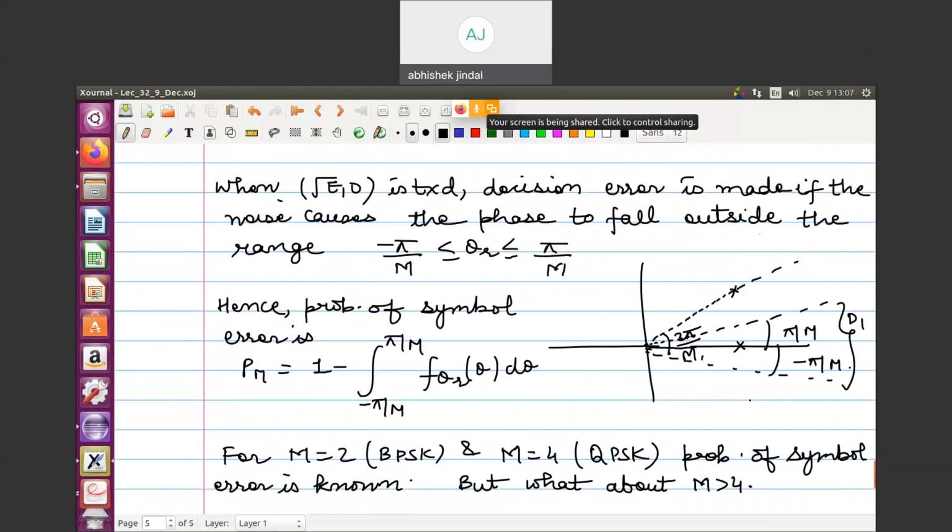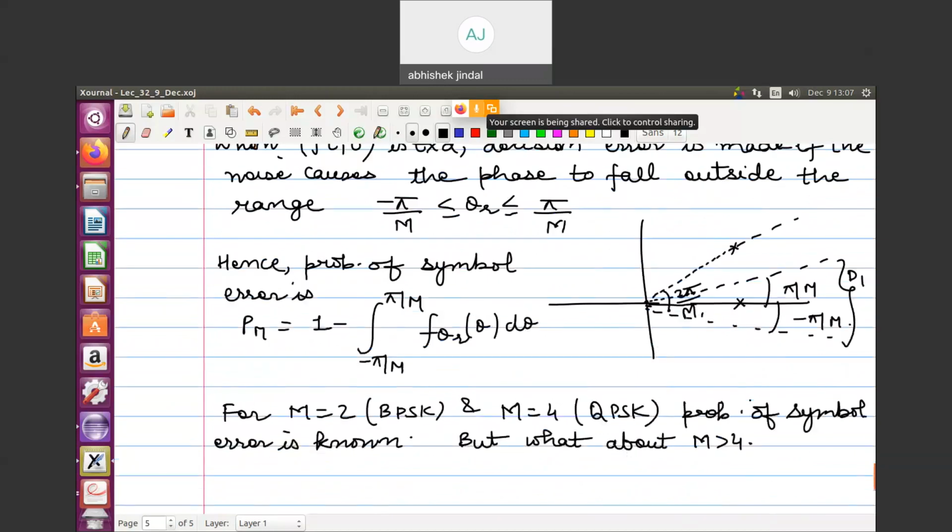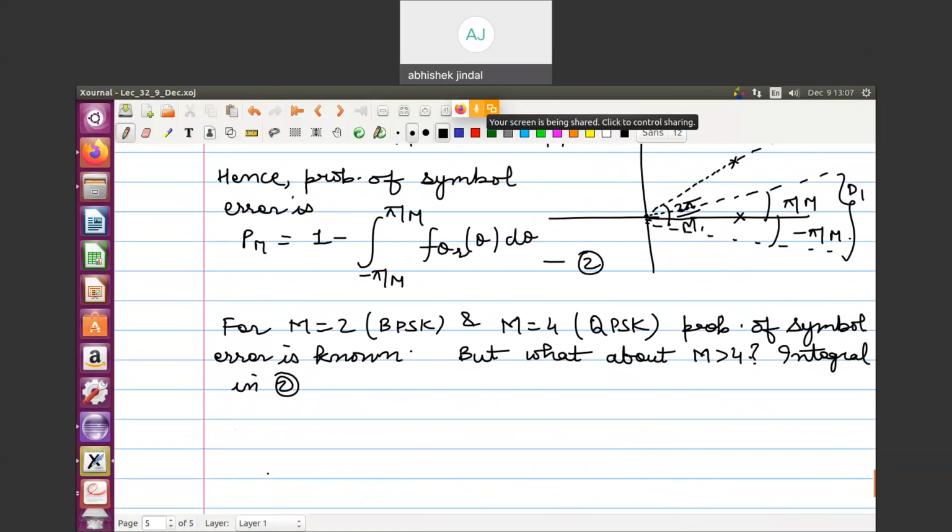The problem with M greater than 4 is that this integral does not give a closed form result.